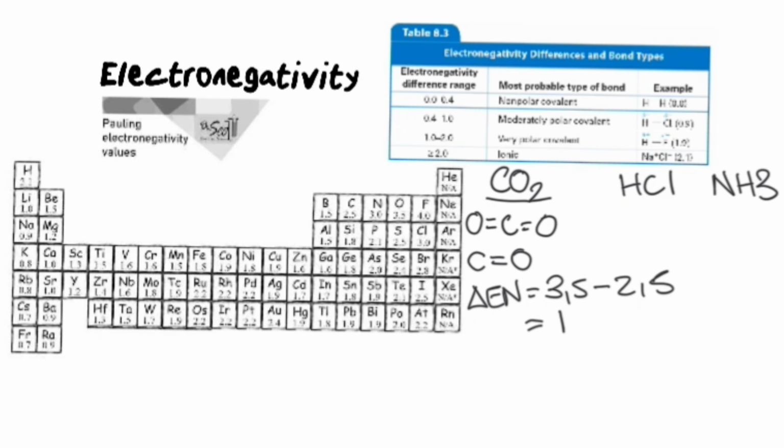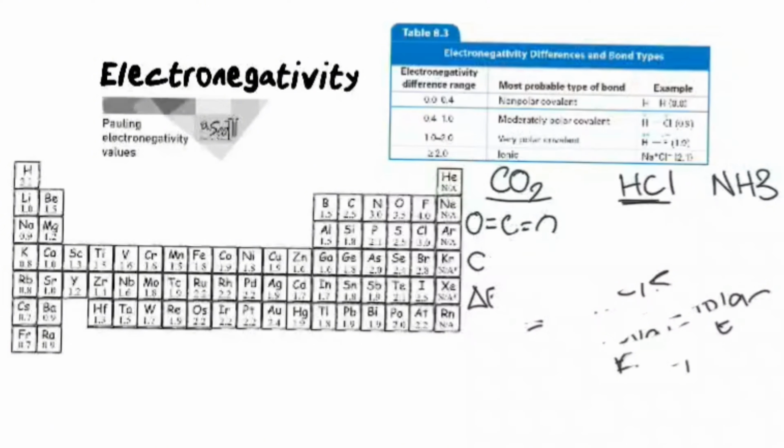And if I look at this table, that means that I have what we call a weak polar covalent bond between this. Now, bond strength of double bonds and single bonds is another topic on its own. Essentially you have to look at the compound and see which elements are there and the bond which occurs between them. All right, so let's look at the next one.